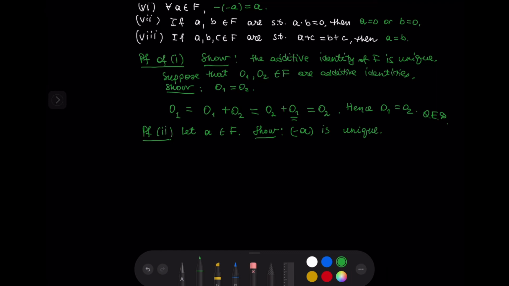So again, to show that it is unique, let us assume that there are two of them. So suppose that A1 and A2 are additive inverses of A. So what we want to show is that A1 is equal to A2.